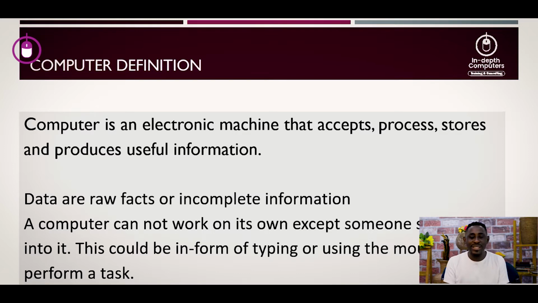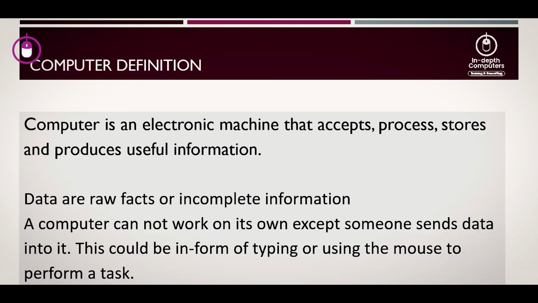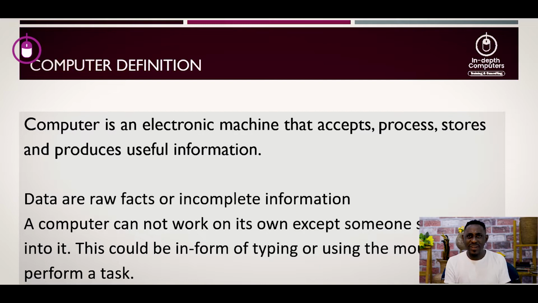Now we said computer is an electronic machine that accepts data. So what is data? Data are raw facts. And when we say data are raw facts, let me first tell you what is data. Data includes your numbers, 0, 1, 2, 3, 4, 5, 6, 7, 8, 9, 10, 11, 12 till infinity.